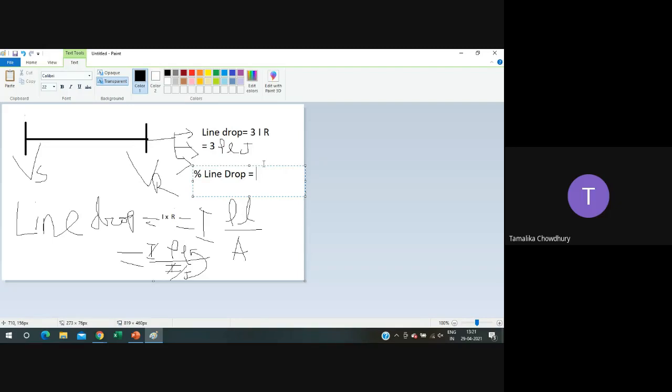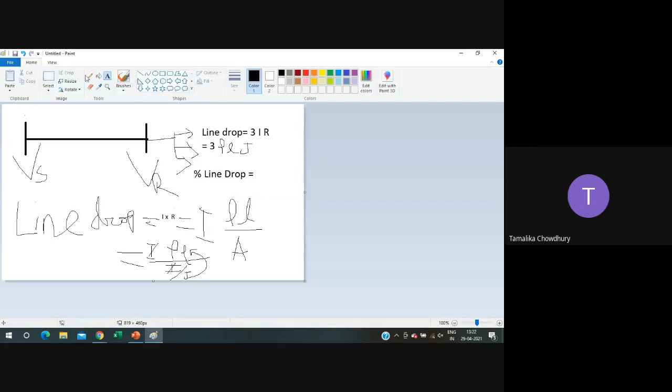That becomes our percentage, because percentage you are taking out of the total voltage.